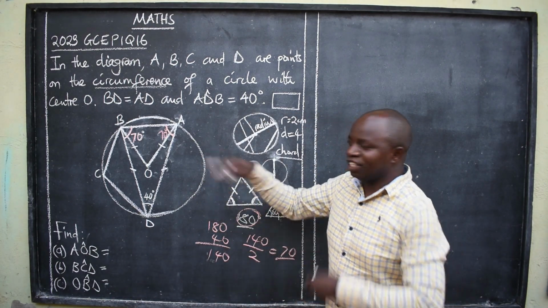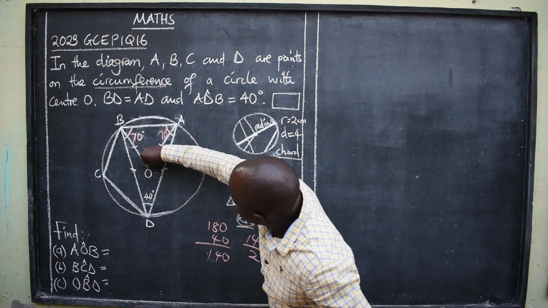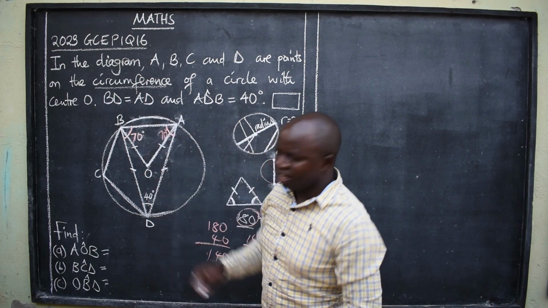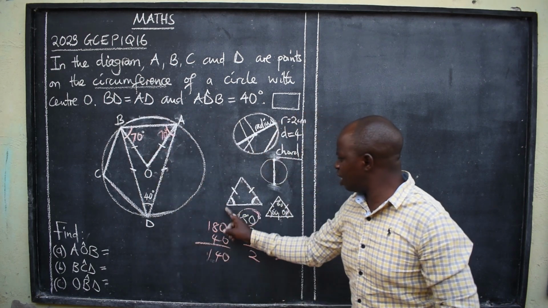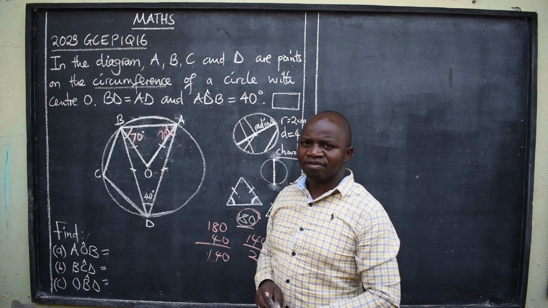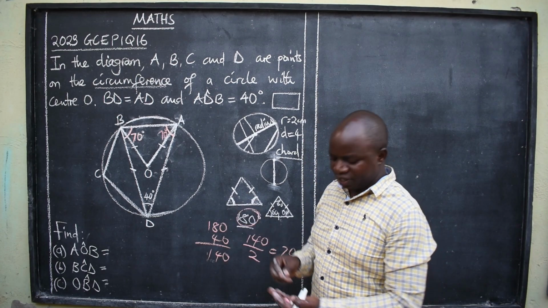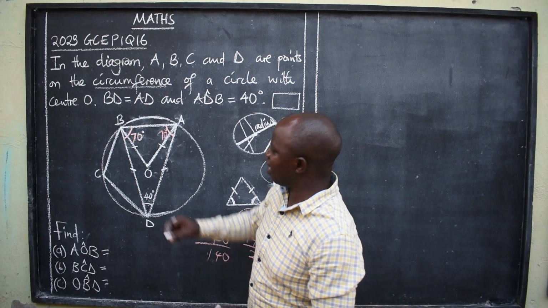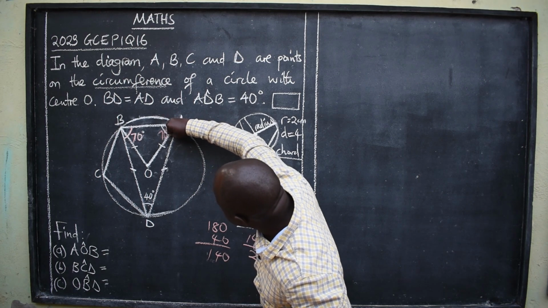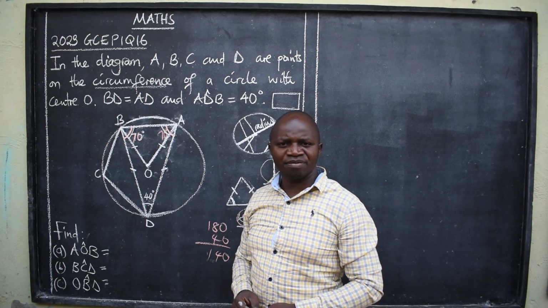Before I can shift to other properties, I've also seen this small triangle inside. Can you see that? That small triangle is also an isosceles triangle. This is equal to this. This is equal to this. Since it is also an isosceles triangle, this angle and this angle are equal.